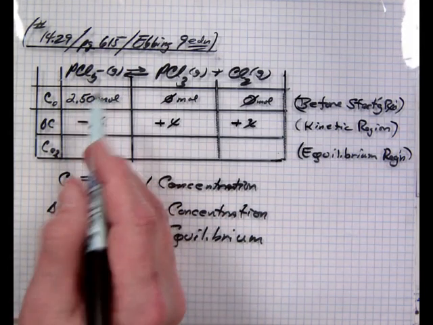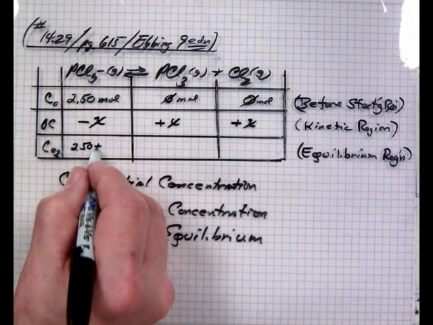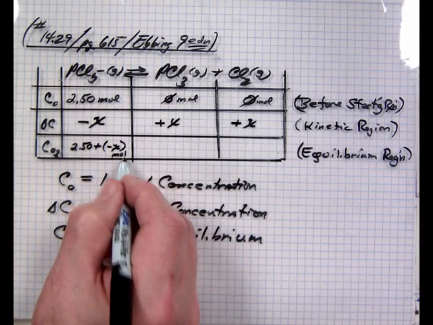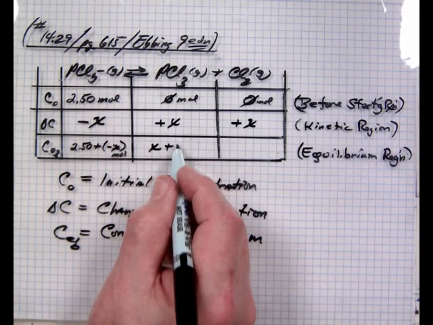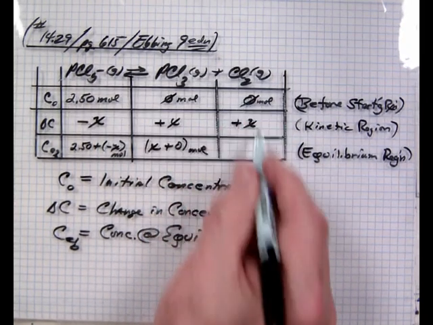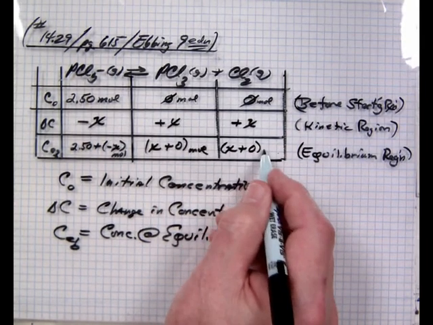So this one would be 2.50 plus a minus x mole. This one would be x plus 0 mole. The last one would be x plus 0 mole.